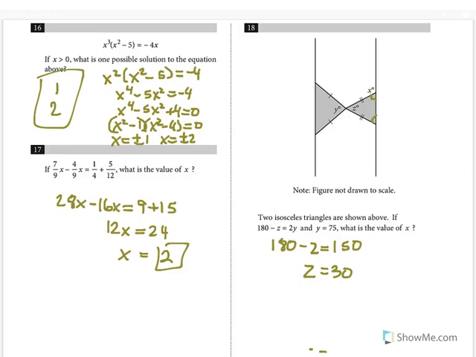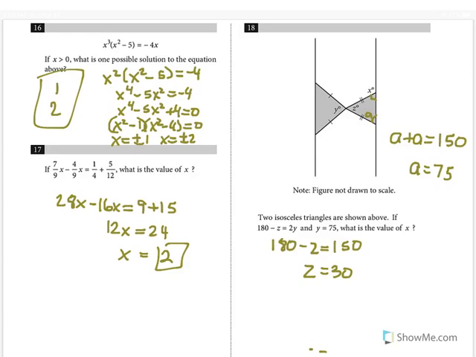Let's just call that angle A. And since we know z is equal to 30 degrees, A plus A has to equal 150, or 2A equals 150, so we have A is equal to 75.